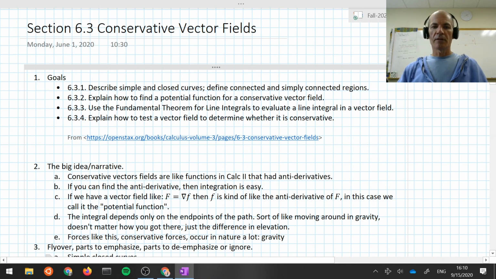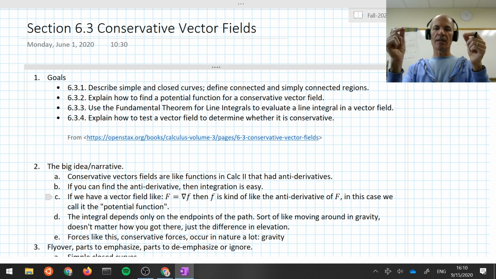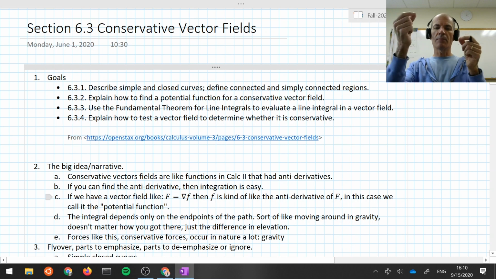So if your vector field is of the form gradient of f, then the path that you take from point A to point B in space doesn't matter when you're doing the integral of F dot dr. All you have to do is, if you're integrating capital F dot dr along a path, take little f of the endpoint minus little f of the starting point and subtract.